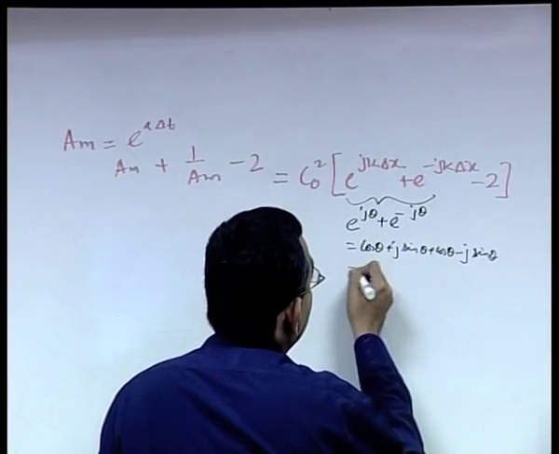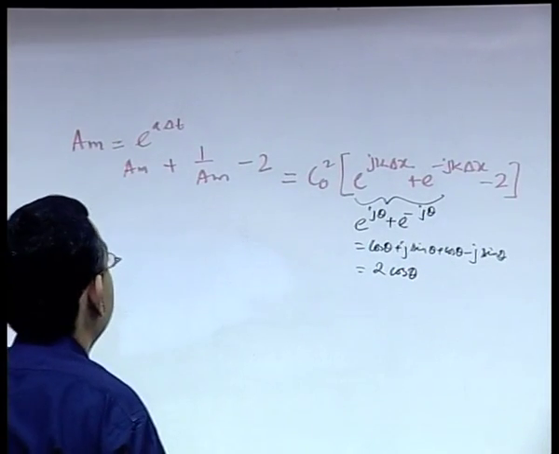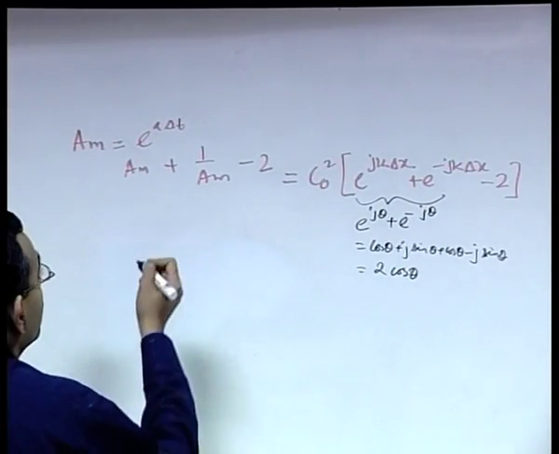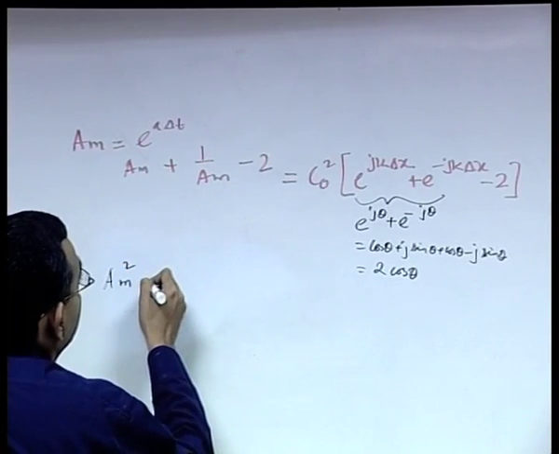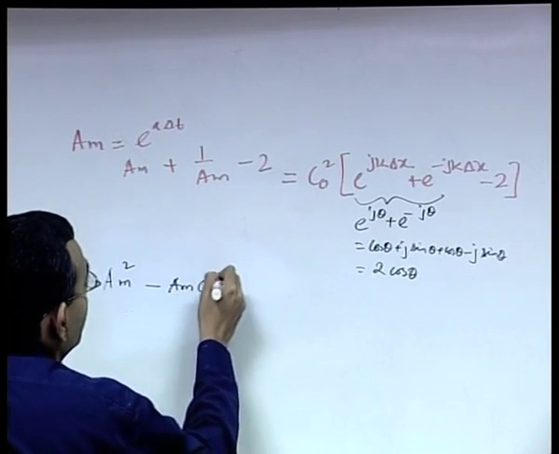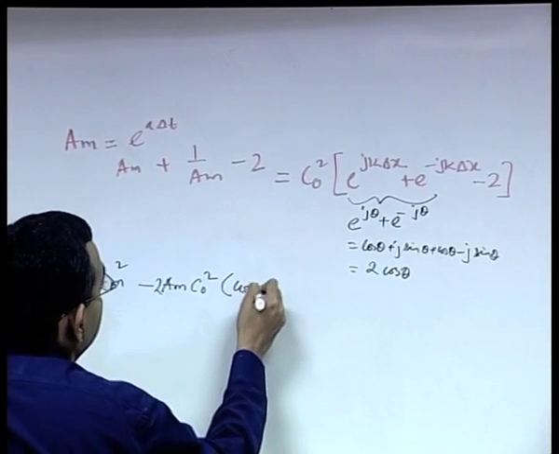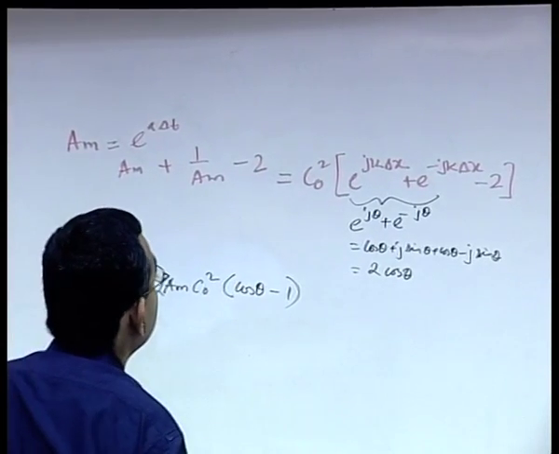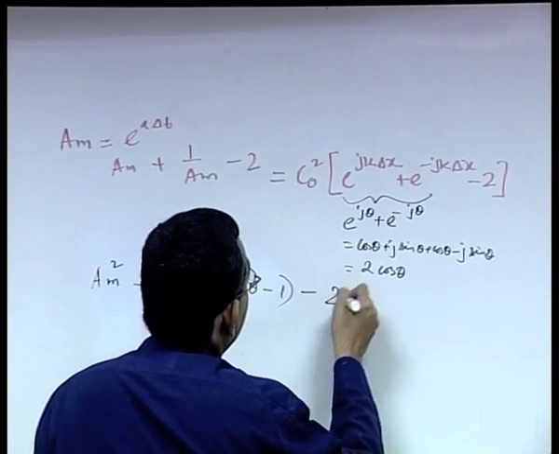So, 2 cos theta is the corresponding expression. So, we have amplification factor square minus amplification factor times Courant number square into 2 into cos theta minus 1, minus 2 equal to 0.